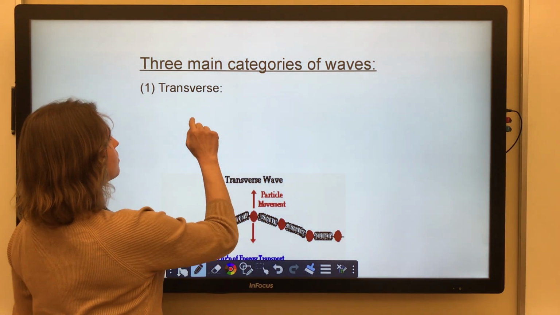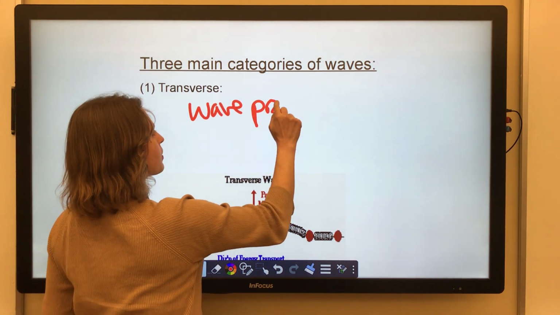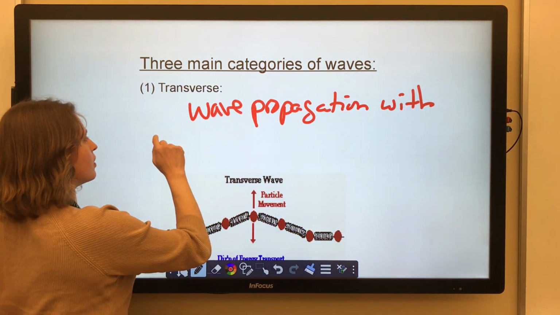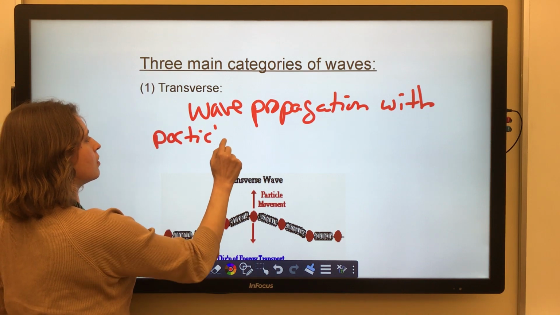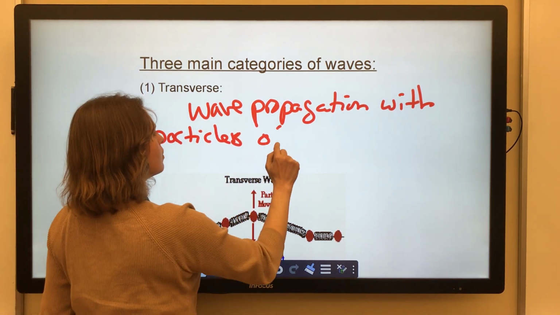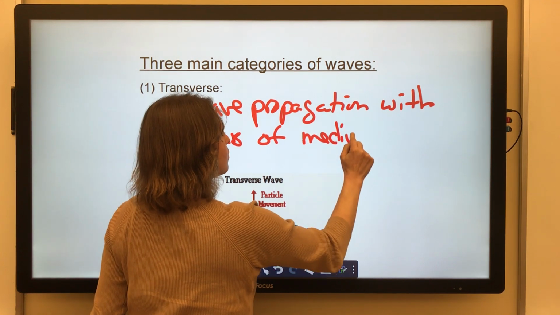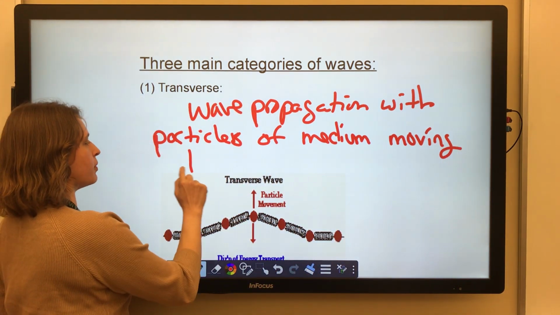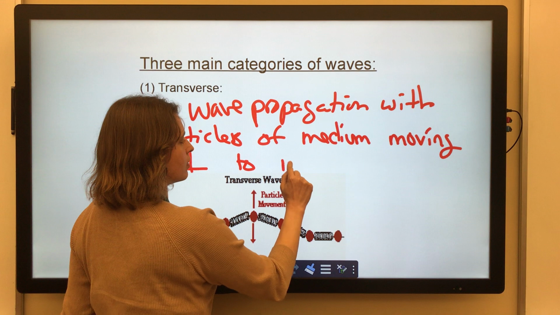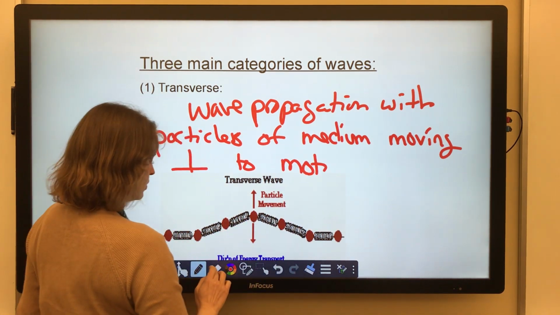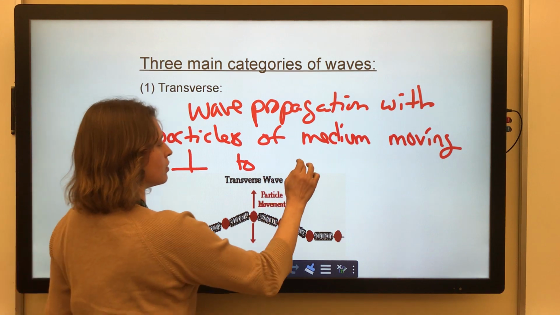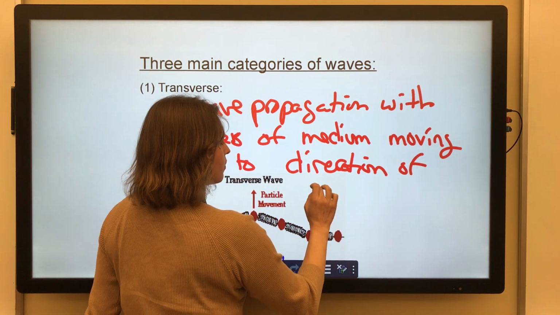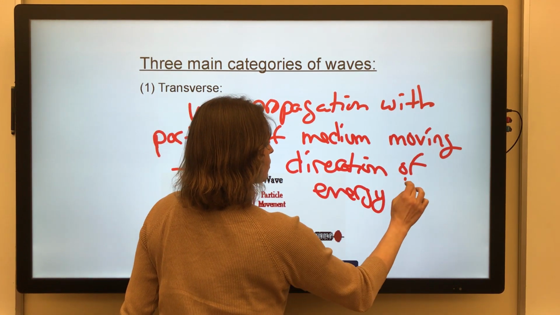So, wave propagation with the particles of the medium moving or oscillating perpendicular to the direction of the energy flow.